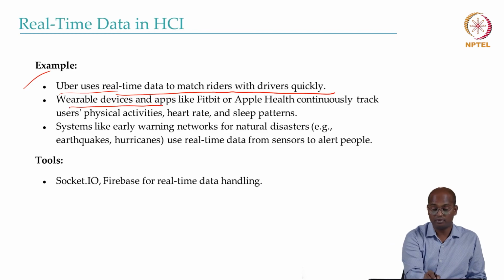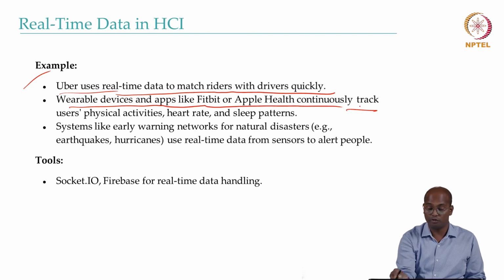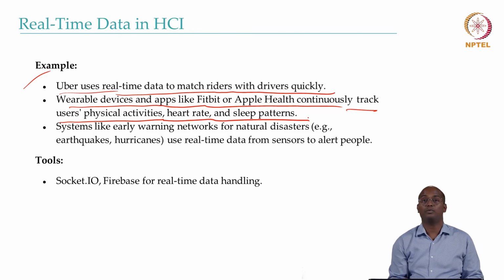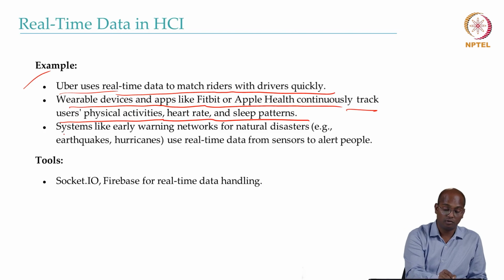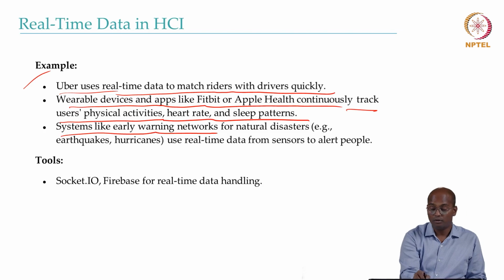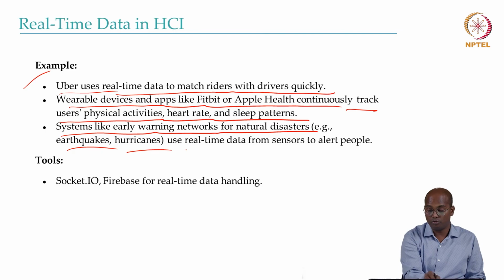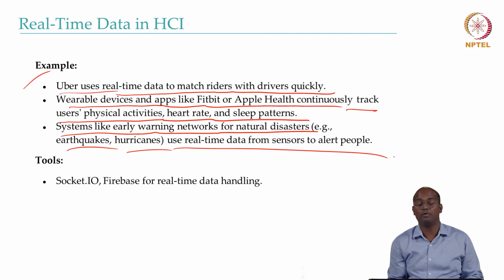Wearable devices and apps like Fitbit and Apple Health continuously track physical activity, heart rate, and sleep patterns to find out how well you're doing. Systems like early warning networks for natural disasters like earthquakes or hurricanes use real-time data from sensors to alert people.